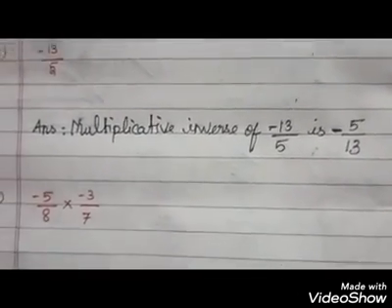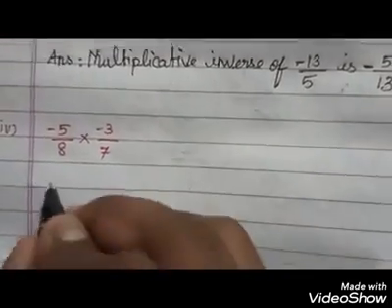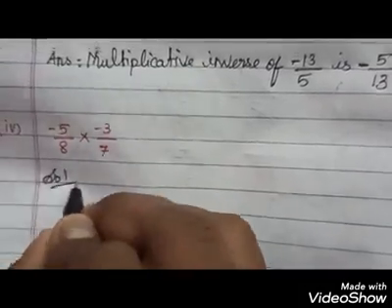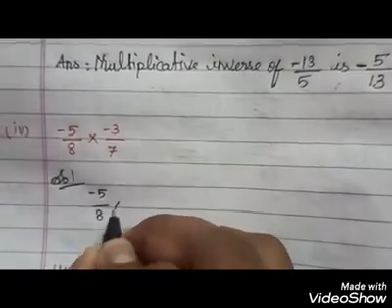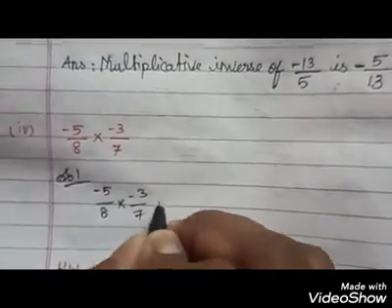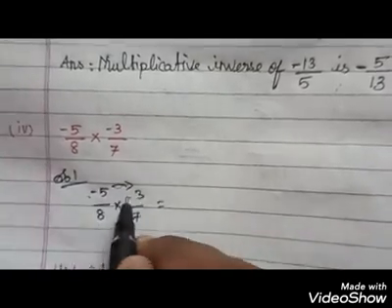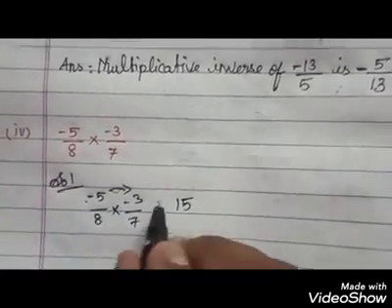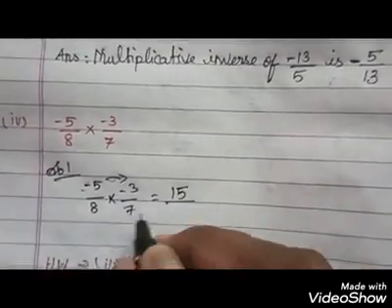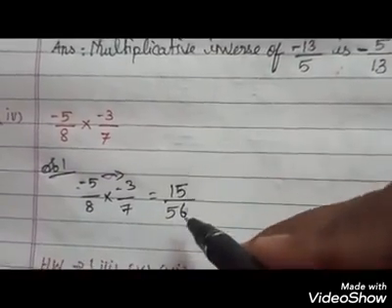And next, here you have to do some solution. So minus 5 by 8 into minus 3 by 7, which is equal to, you should multiply numerator to numerator. Minus into minus is plus. 5 3s are 15, plus 15 divided by 7 8s are 56. Now you see 15 by 56.